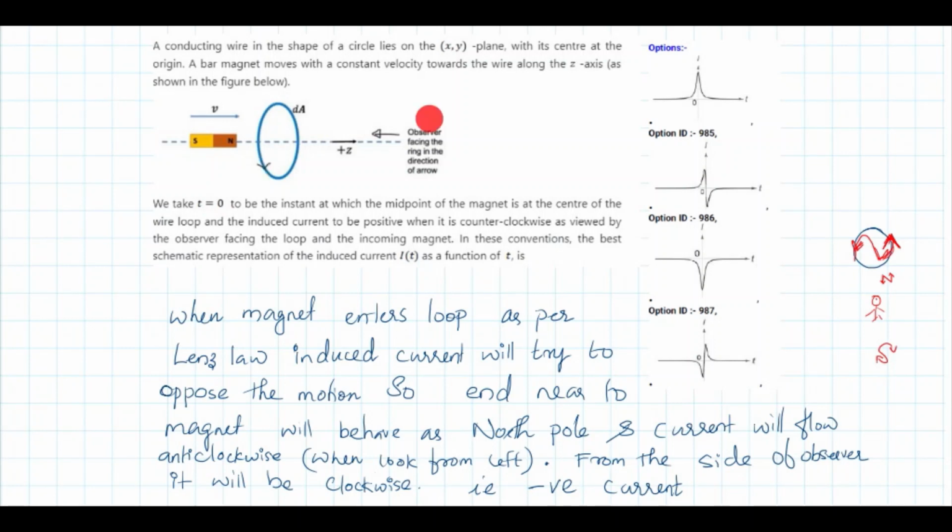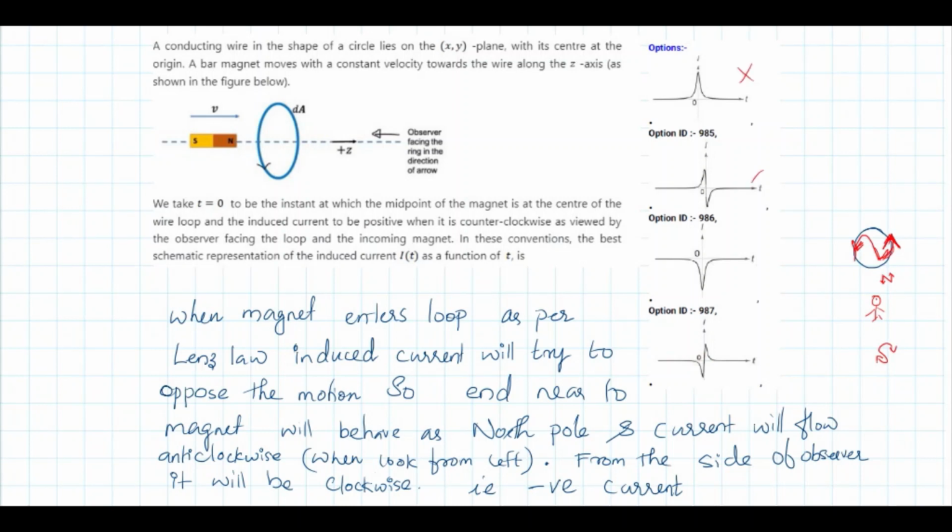But for an observer standing here, that current will look like clockwise. That means the direction is clockwise, which implies the current is negative. So when the magnet approaches the loop, the current is negative, which means you can neglect the first two options.